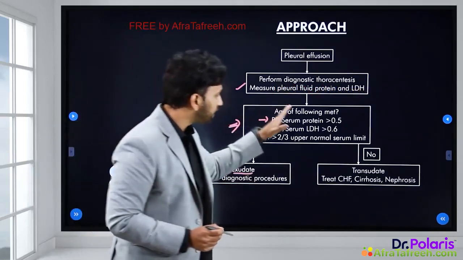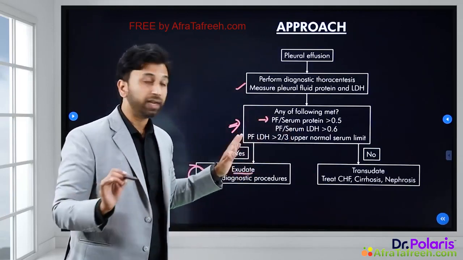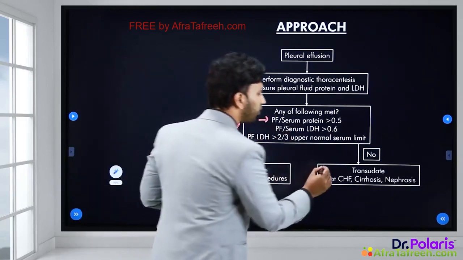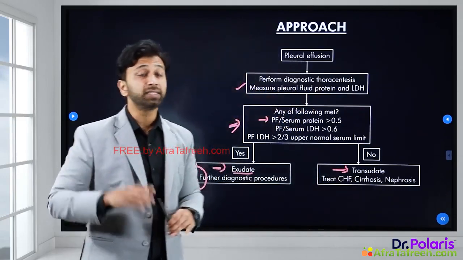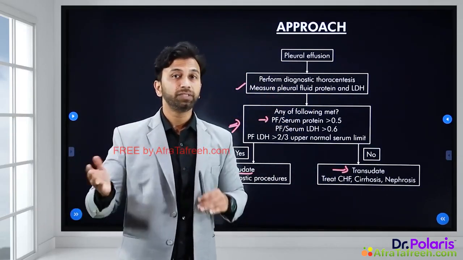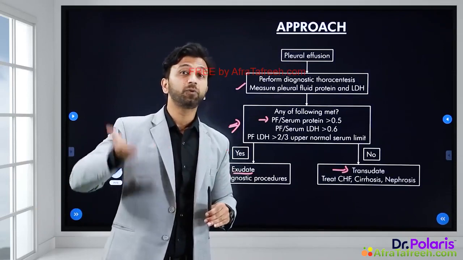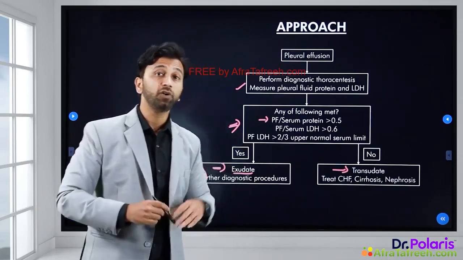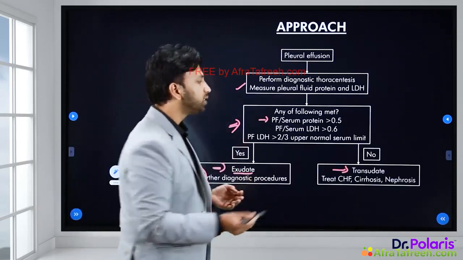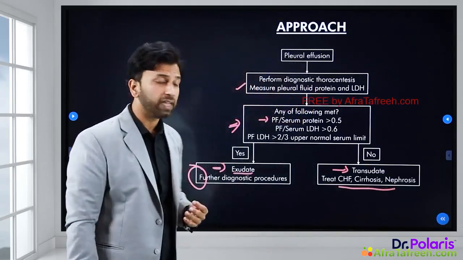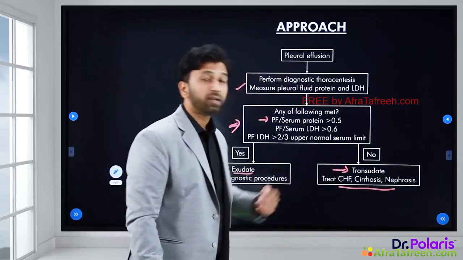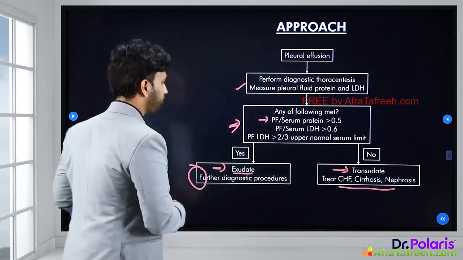If none of these three criteria are met, then that means that the fluid that you have aspirated is transudative. So that means that it is a systemic disease which is causing either an increased production of pleural fluid or a defective absorption of pleural fluid. Systemic diseases commonly are congestive heart failure, left ventricular failure, cirrhosis or nephrosis.